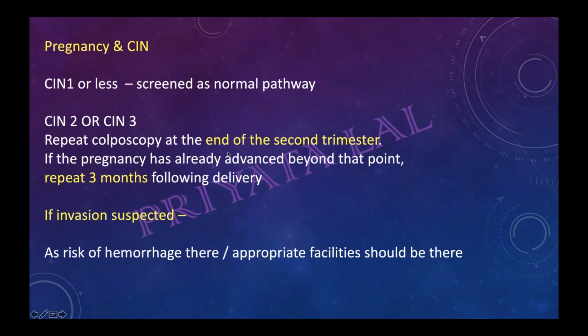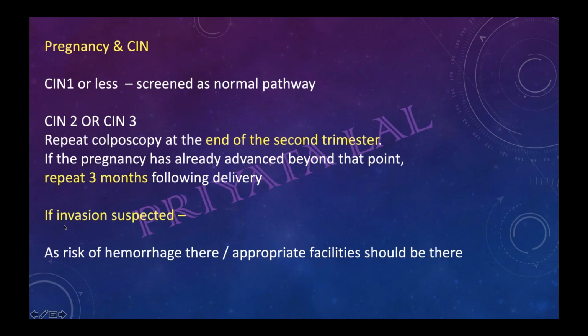But if your patient is already past that stage, she is already 30 weeks, then in that situation you can wait till she delivers. Her screening can be done 3 months after delivery, once all the changes of pregnancy have reverted back. Okay, so this is the same as the previous guideline, there has been no change.